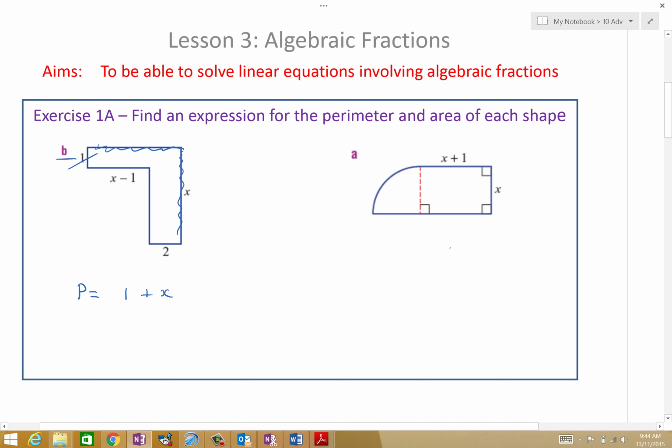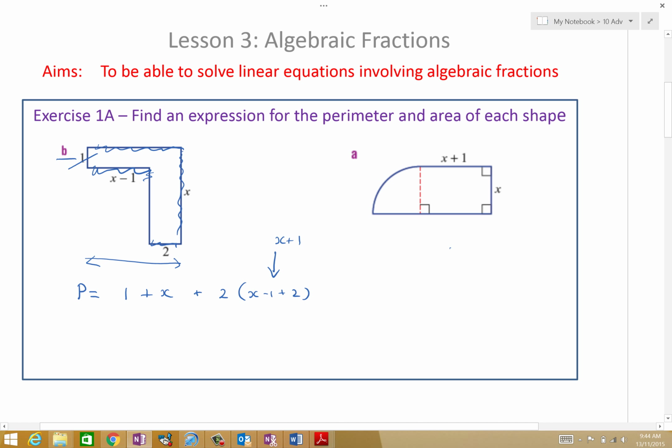However, we've got x minus 1 here and 2 here, and those sides are parallel. So I could say I've got 2 plus x minus 1 is that distance. Okay, this distance here is x minus 1 plus 2, which is really what? This is x plus 1, isn't it?